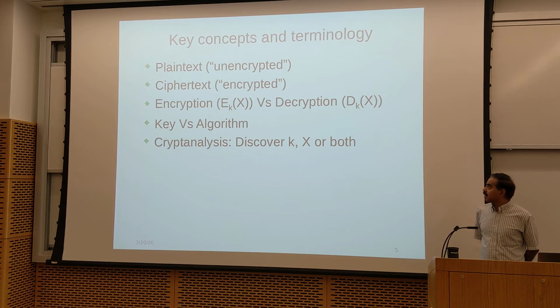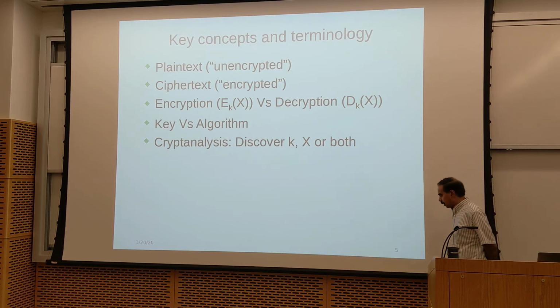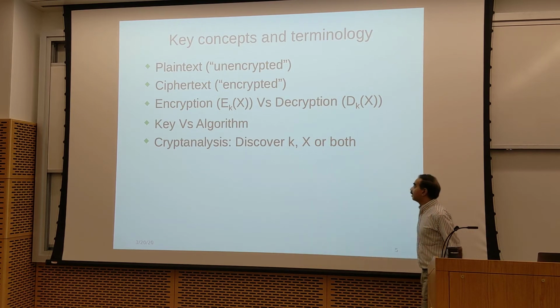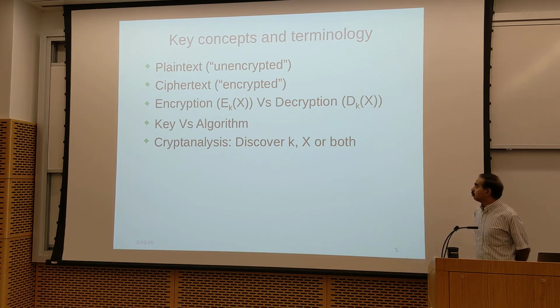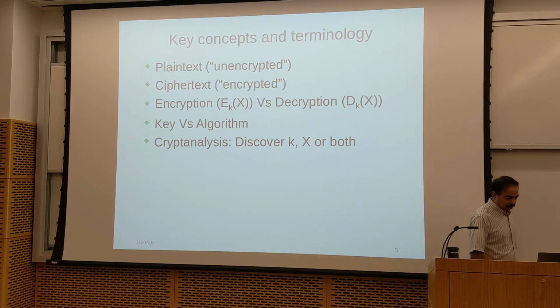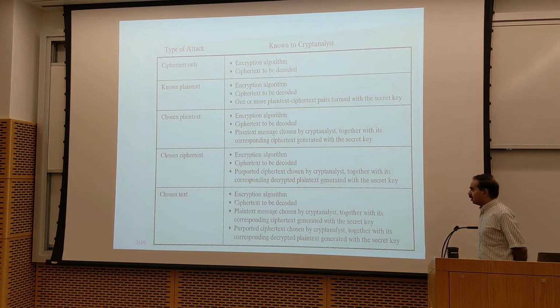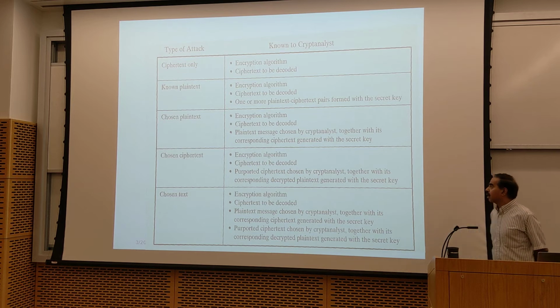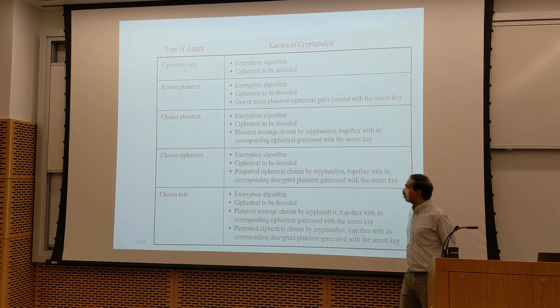What we'll talk about next is cryptanalysis, which means that the attacker or the adversary is trying to figure out the key or the encrypted message, or both. The adversary might carry out one of 5 types of attacks, and the differences are based on the information that's available to the adversary, right?